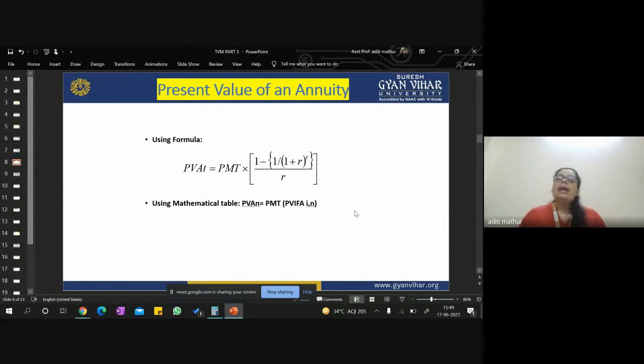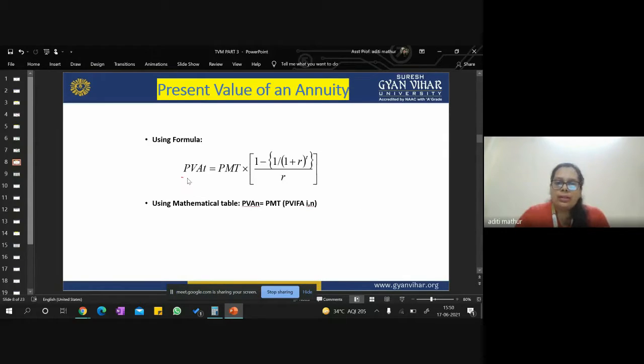So how to calculate the value of an annuity? The formula is in front of you and it might be very confusing, with lots and lots of brackets. So let us simplify it. First of all, let us understand the terms related to the formula.